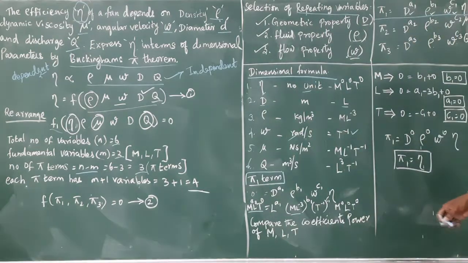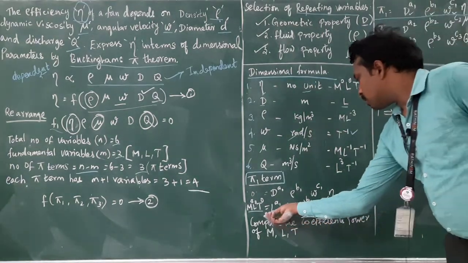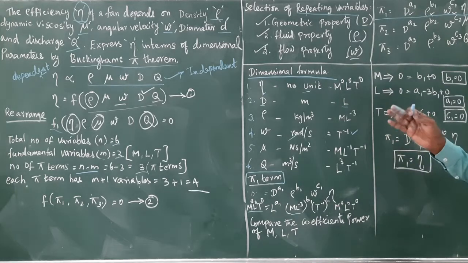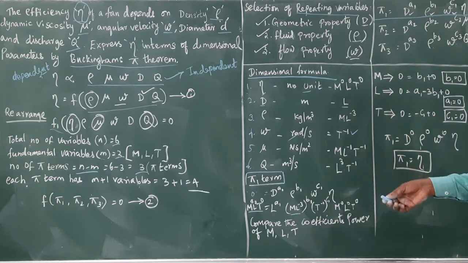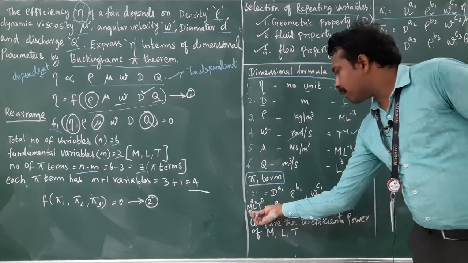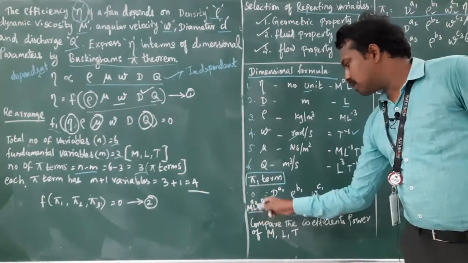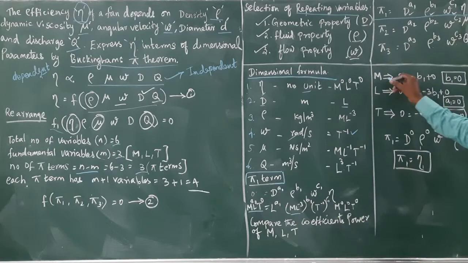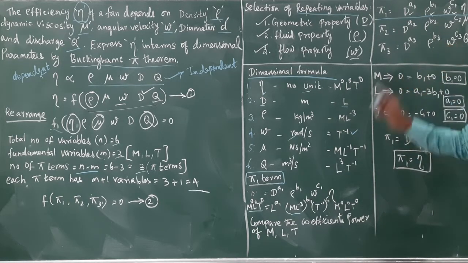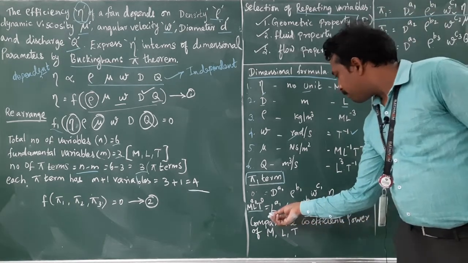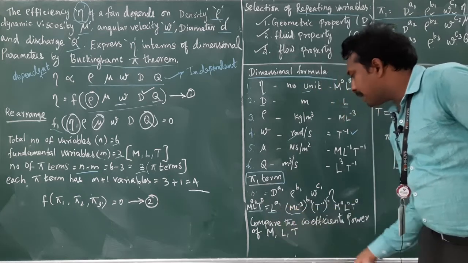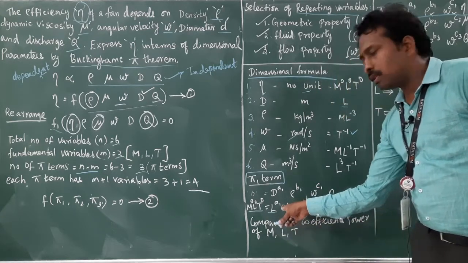First, from this equation, comparing left and right, the powers of M. Here the M power is 0, so the power of M is 0. On the right side, there is no M power for d, so cancel this.